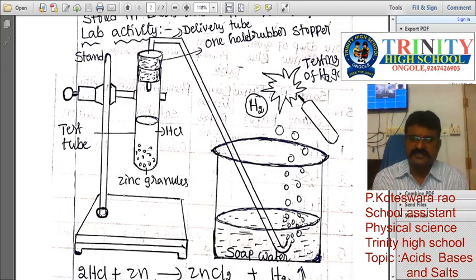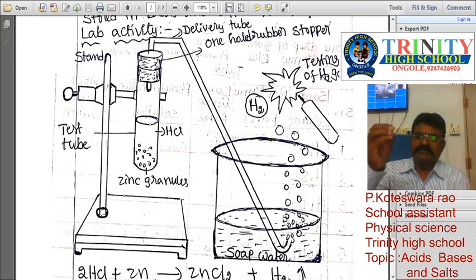Our aim is to see what happens if acid reacts with metal, because pickles contain acid. This acid reacts with metal. What happens? Our aim is what happens when acid reacts with metal.